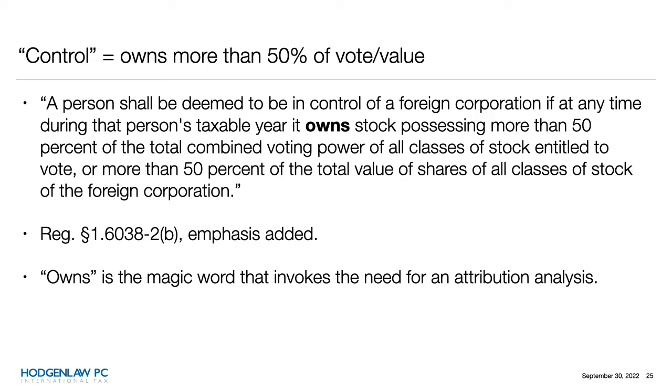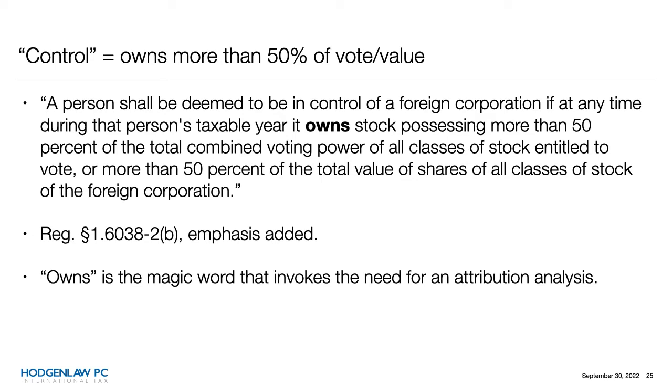And now let's flip back to the topic of this session, which is the attribution rules, which means what do you own? And we're going to now look at what does it mean to own stock indirectly or constructively. So you're a constructive owner of stock of a foreign corporation, therefore you own it for Category 4 purposes, or you are an indirect owner of stock of a foreign corporation, and therefore you own it for Category 4 computation purposes.